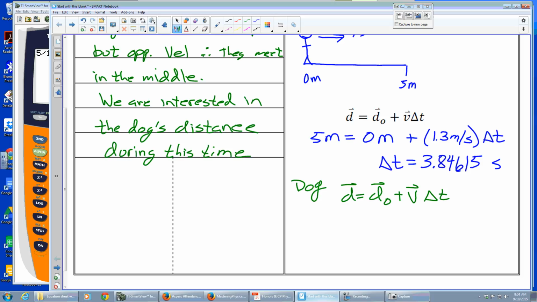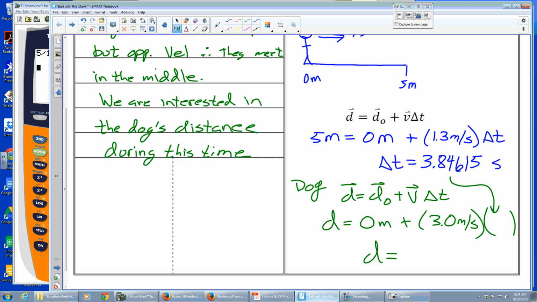So I want to know how far the dog went, so that's D. They start at 0 meters, because I'm going to assume they started right there, right? They're moving at 3.0 meters per second for this amount of time. And I get an answer by doing that little bit of math. All right? So it's because the dog moved at that constant speed. Did the dog move at a constant velocity? No, but a constant speed.